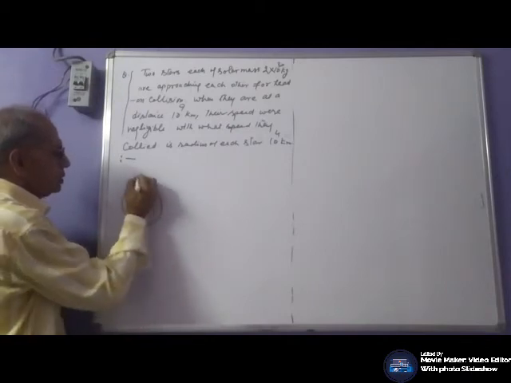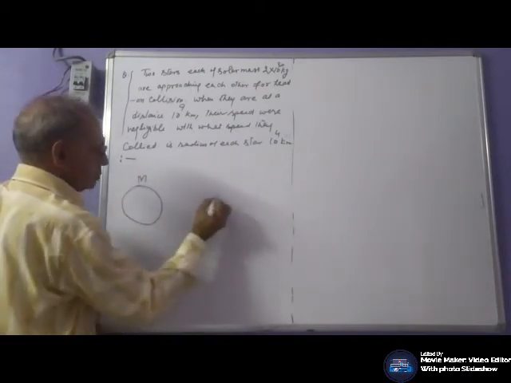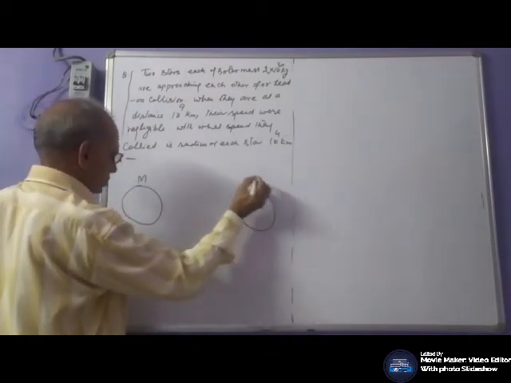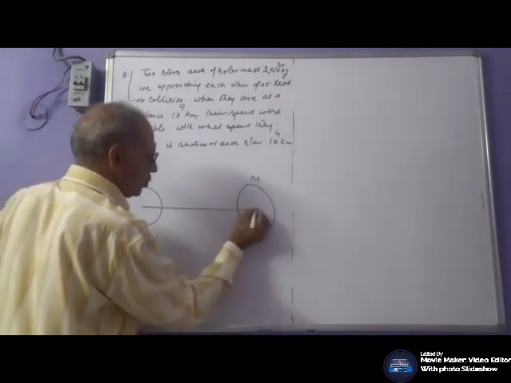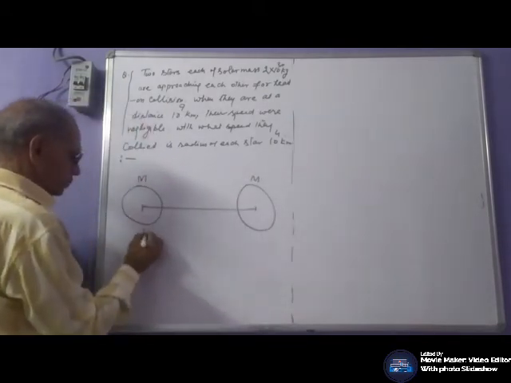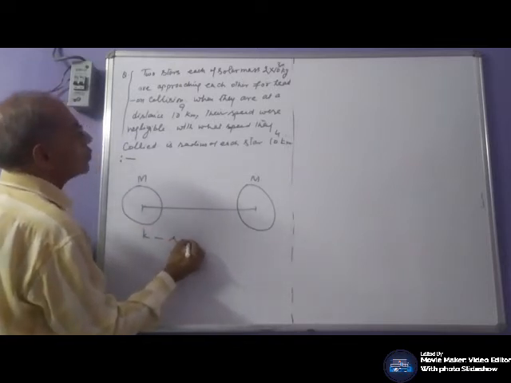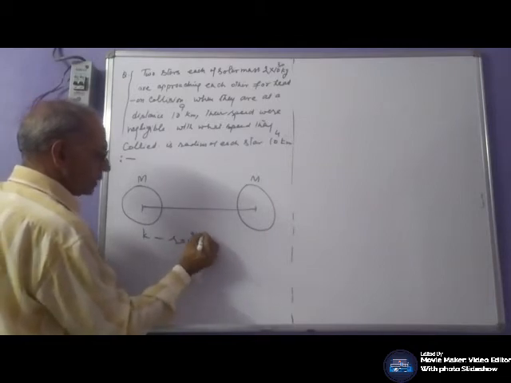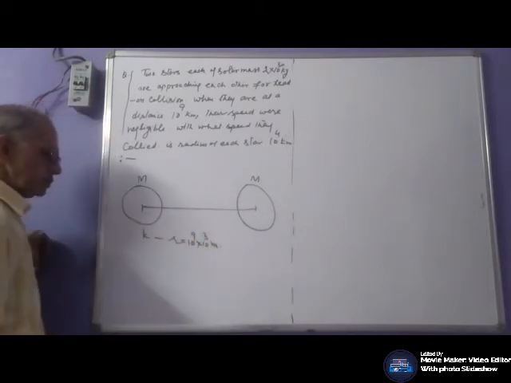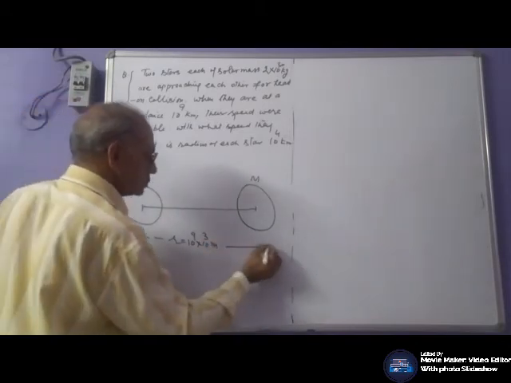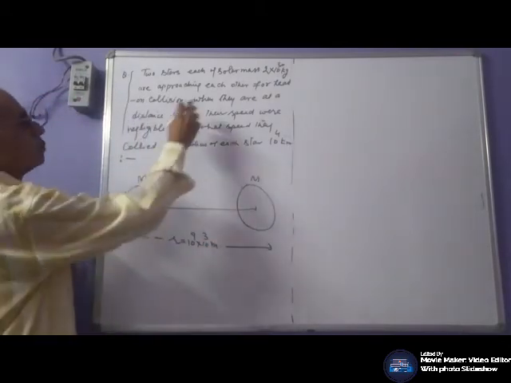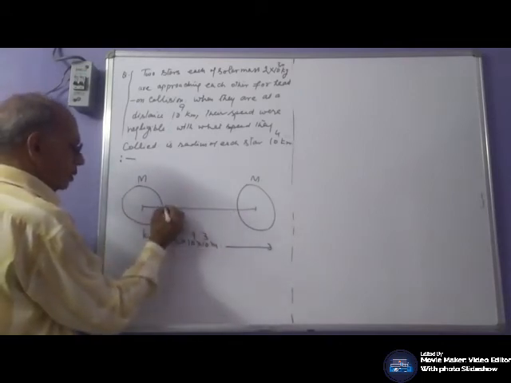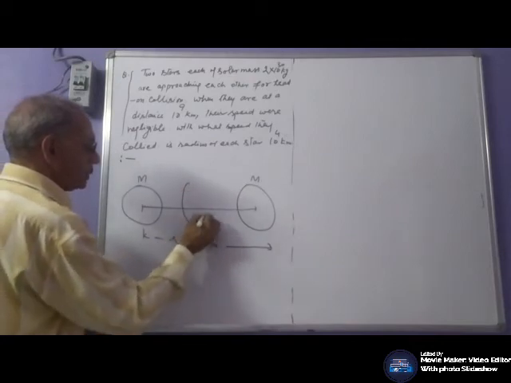These are two stars. Their distance is 10 raised to power 9 kilometer, so this much in meters. Here velocity is 0. Now they collide.